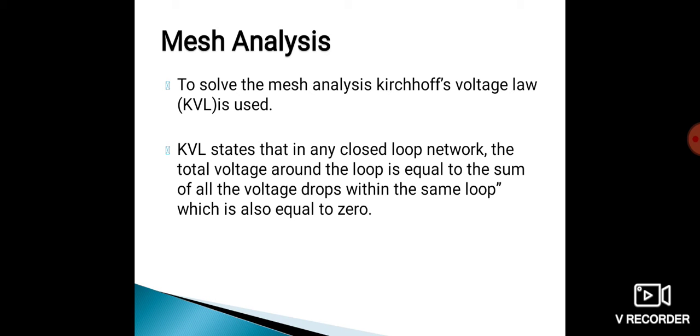Kirchhoff's voltage law states that in any closed loop network, the total voltage around the loop is equal to the sum of all the voltage drops within the same loop, which is also equal to 0. That means if we have one loop and we add all the voltages of that loop, then the total voltage of the loop should be equal to 0.